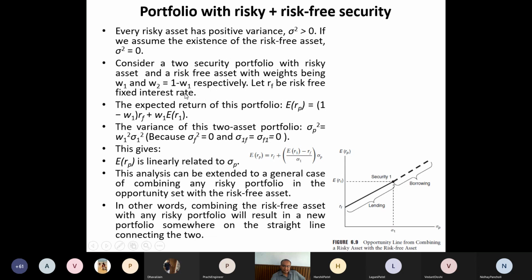So the risk free interest rate is the average interest rate that your risk free security is giving in your portfolio, or if it is not in your portfolio, you must know the GSEC rate. This RF is equal to the GSEC rate, government security rate, which is right now 6.1%. So on an average, right now the risk free securities are delivering 6.1% return. So you should invest in the market at present only if your expected return is higher than this, right?